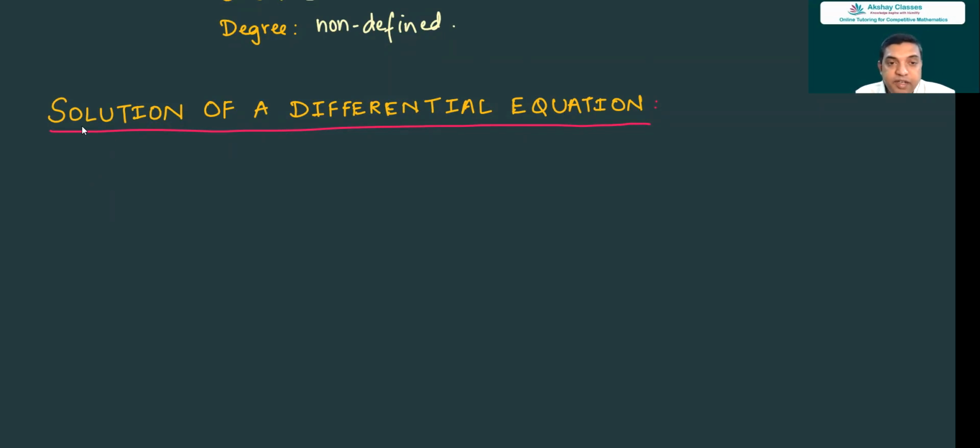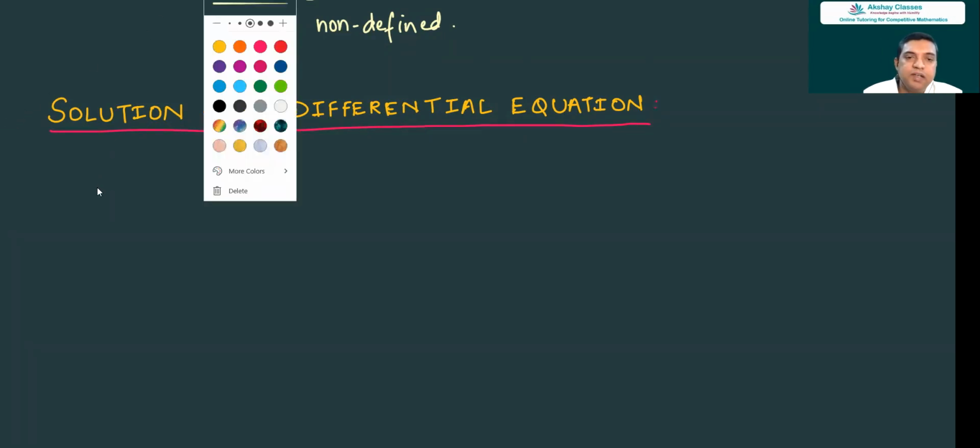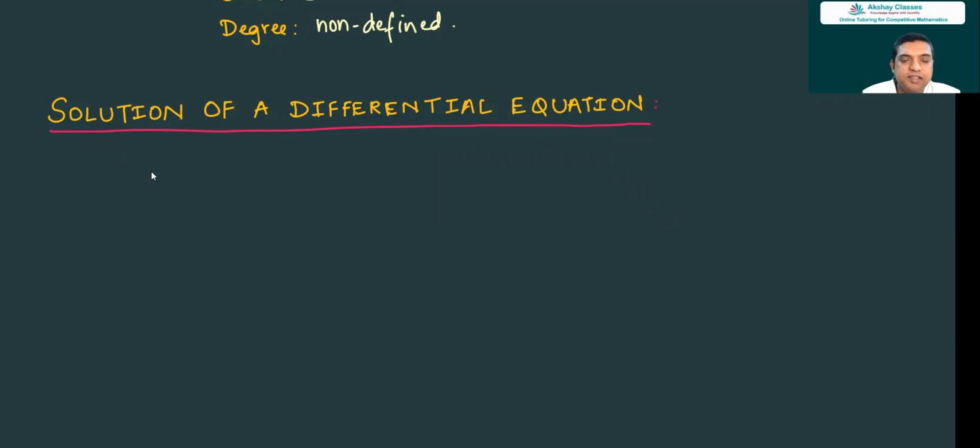Now, the differential equations. We have a differential equation like this, say dy by dx is equal to 3x square. This is a differential equation.